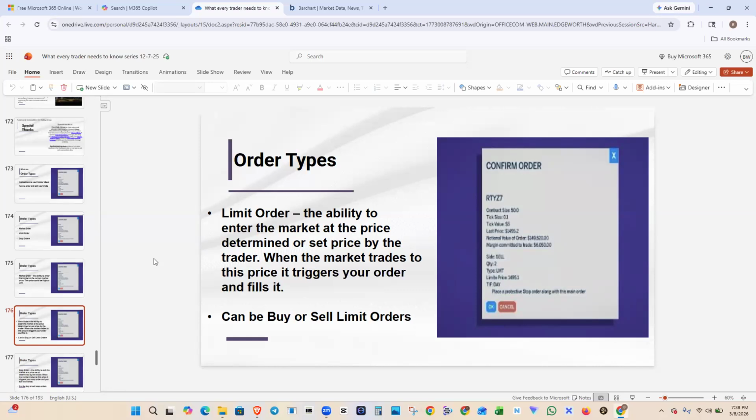If I'm going to trade the market down, then I'm going to sell that contract, even though I don't own it. I'm going to enter into this trade by selling an order, but I want to sell it at a specific price. So that's going to be my limit sell order.